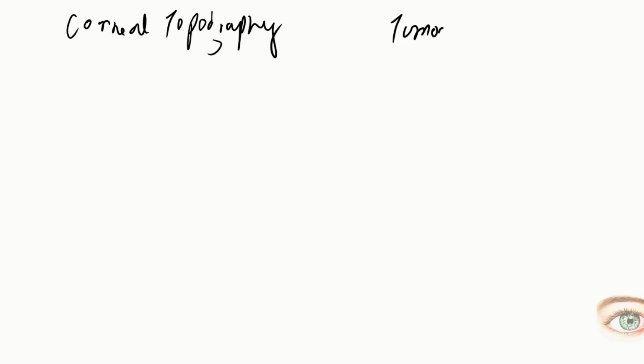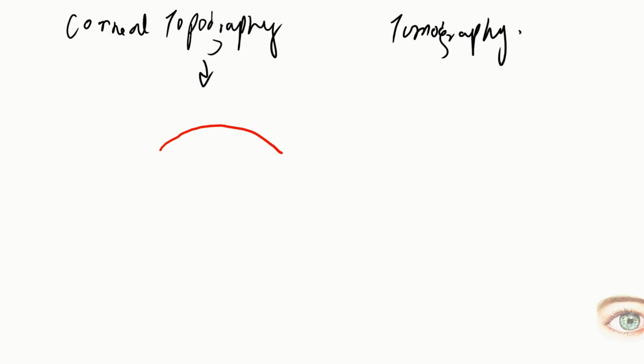So there are two terms which are used side by side: corneal topography and tomography. Topography means that you have only the information of the anterior surface, only the anterior surface, right?